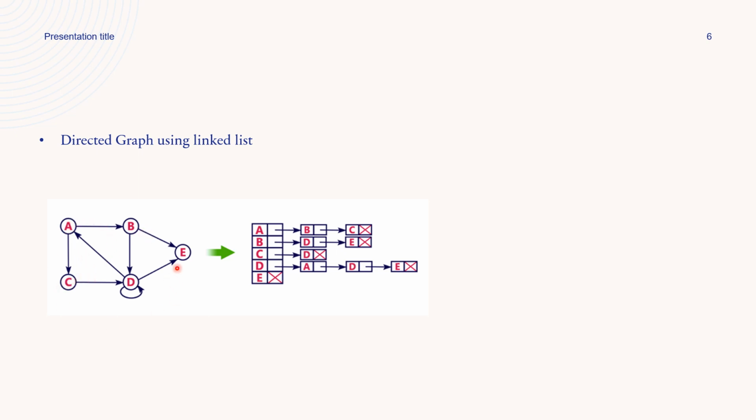If this were not directed, then we could say that the adjacent nodes for A are B, C and D as well. But as it is directed, we cannot say that D is adjacent, because the direction of the edge between A and D is toward A. So we cannot consider D as adjacent for A.